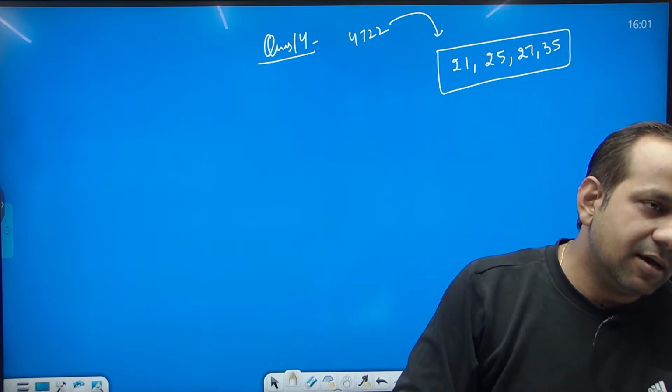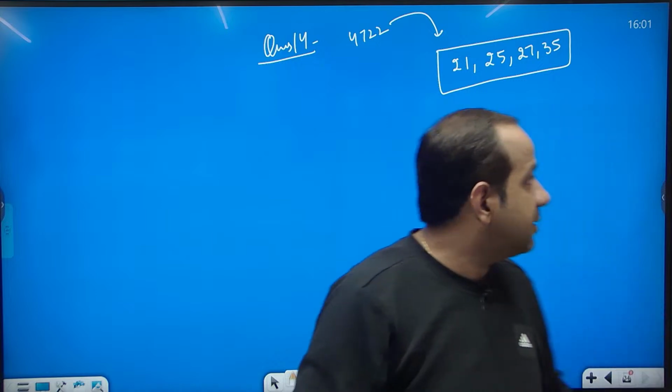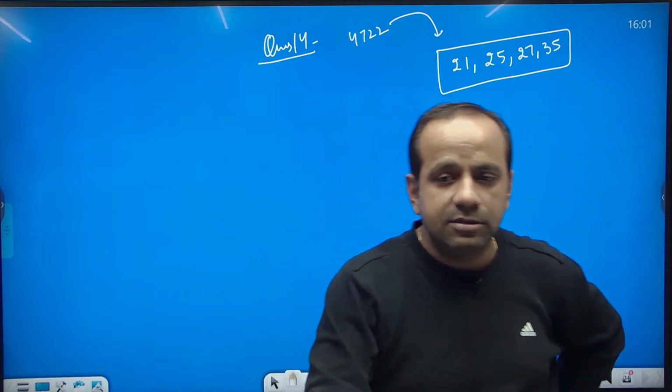So I need a number that is perfectly divisible by all these four numbers.